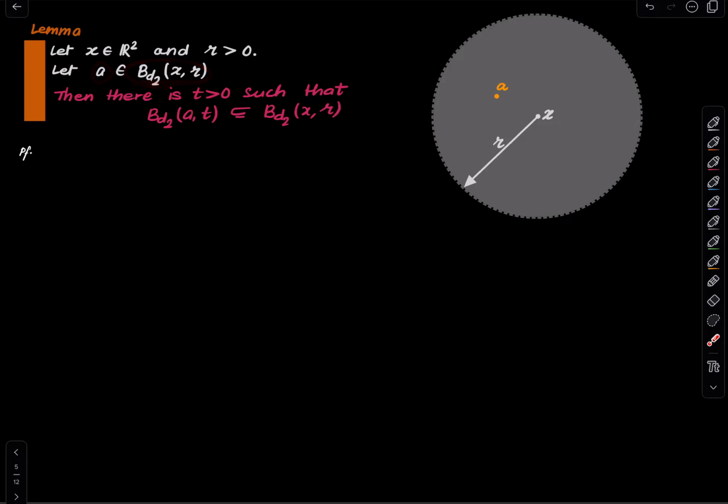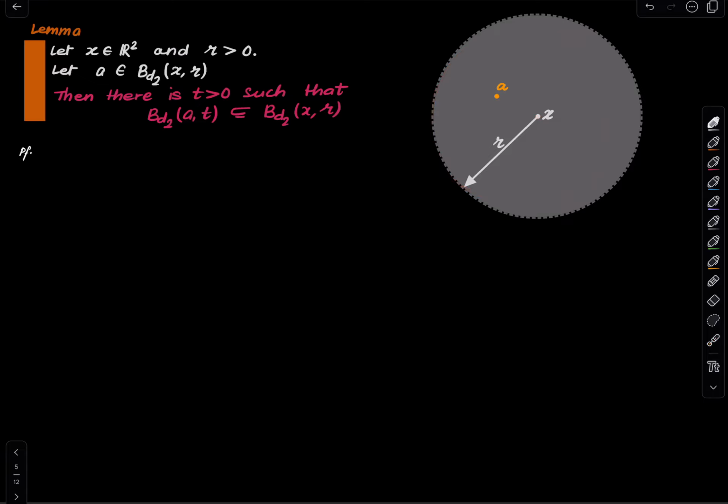If you take A at a distance exactly r from X, then you cannot make this statement, because no ball of whatever small radius you take around a point on the boundary is ever going to land fully inside the ball around X. So if you take a point inside the ball, then there is a small enough radius such that the ball of that radius around A is contained in the original ball.